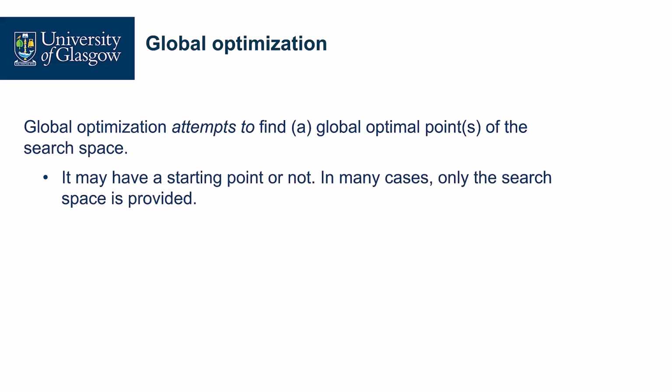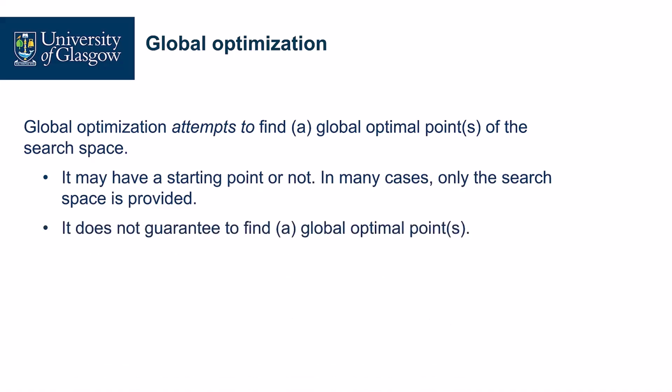Also when we carry out global optimization, we don't guarantee we will find the global optimal solution. Remember this. We try to obtain the global optimal solution, but we may not. The algorithm may have some operators to avoid being trapped in local optimum, but we can't guarantee we can find the global optimum when we carry out global optimization.